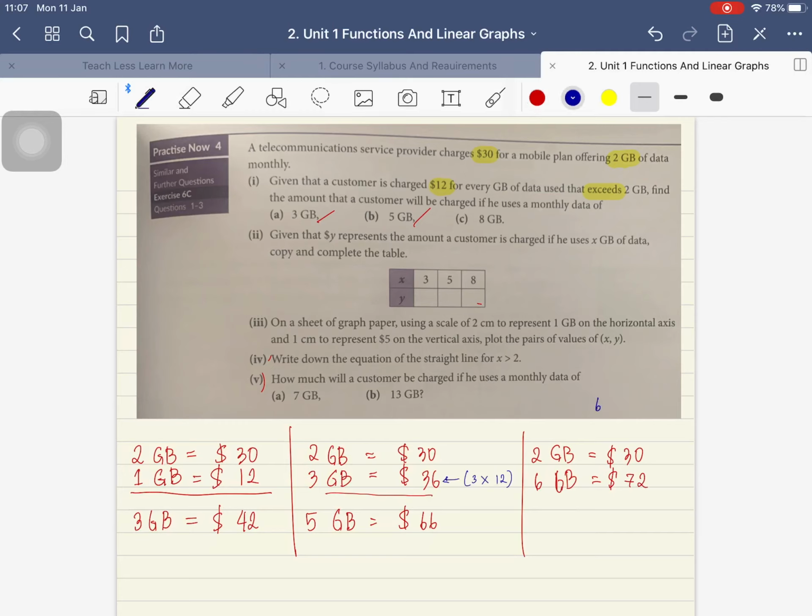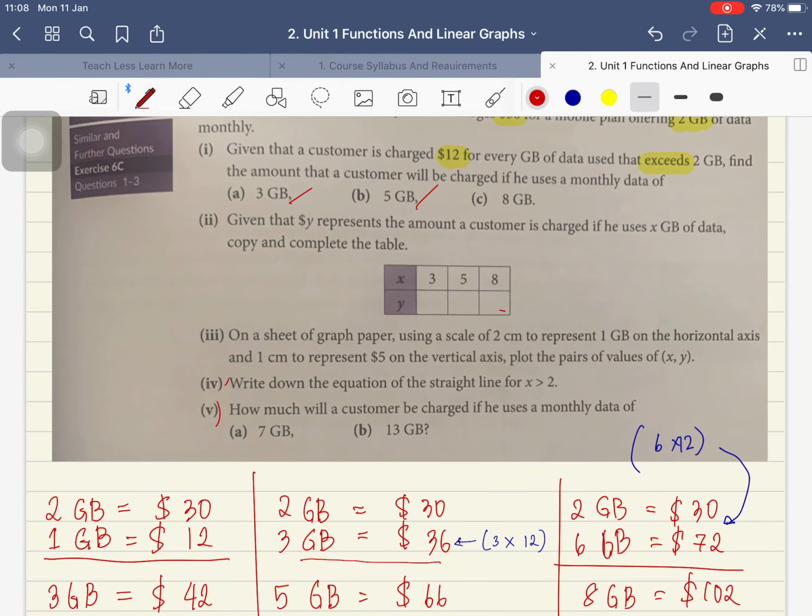Again, 6 extra times 12 is your 72. So that is going to give you a total of 8 gigabytes, but you pay $102. So 3 gigabytes is 42, 5 is 66, and 8 is 102. There we go.